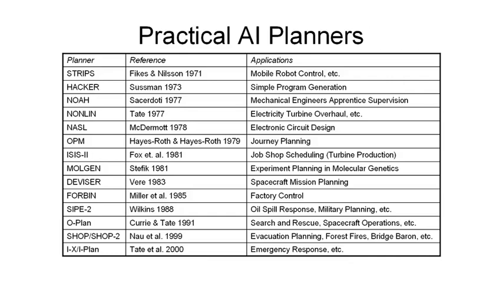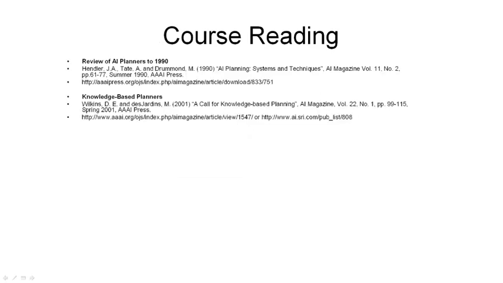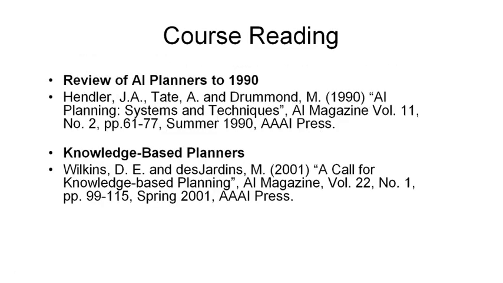As part of this course, we're going to encourage you to look at a number of readings. In particular, there are two reviews of AI planning which we hope you'll find useful. One is from the 1990s, so it's quite dated, but it does include a lot of the work on those early planners and some of the formative techniques used in them that you'll learn about on this course.